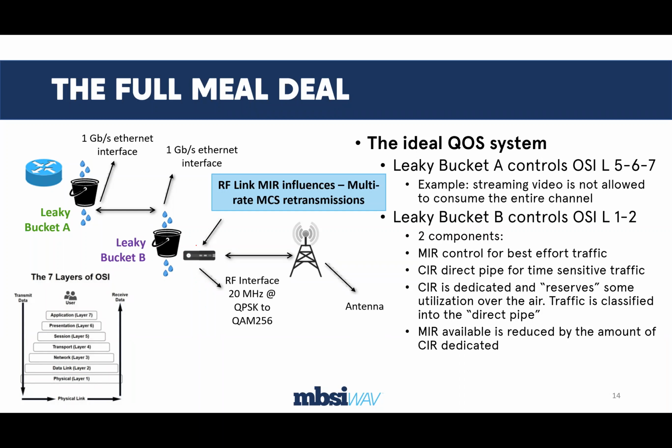Leaky bucket B controls the traffic on the physical layer and the data link layer here, OSI layers 1 and 2. So layers 1 and 2 are controlled right here. So as the medium is able to deliver this traffic across from the access points to the subscriber modules, and of course back again, this leaky bucket controls that activity.